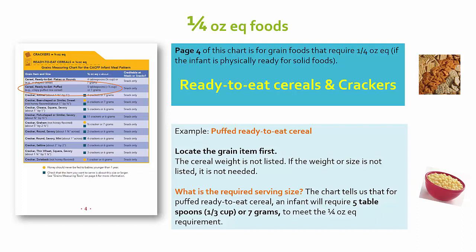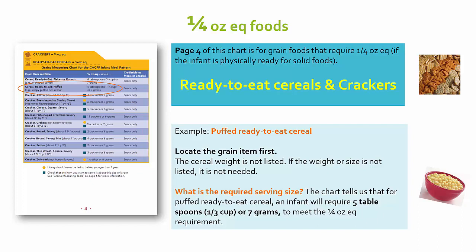Page four of this chart is for grain foods that require 1/4 of an ounce equivalent if the infant is physically ready for solid foods. On page four, you will find ready to eat cereals and crackers, and all of them are 1/4 ounce equivalent foods. Let's do an example for puffed ready to eat cereal.